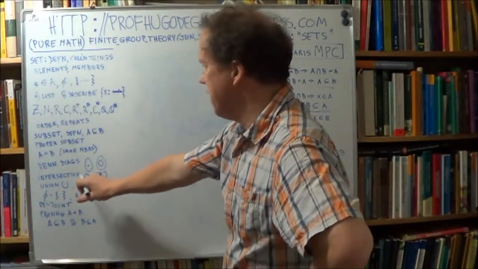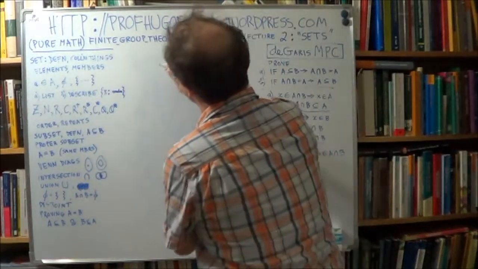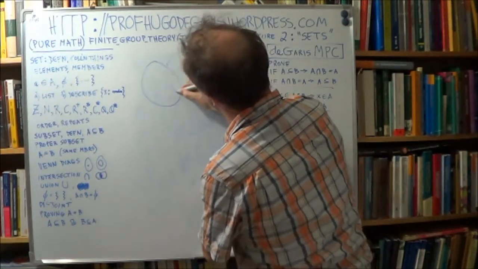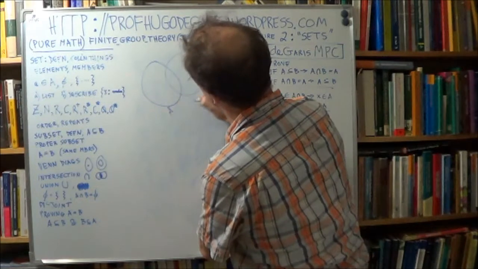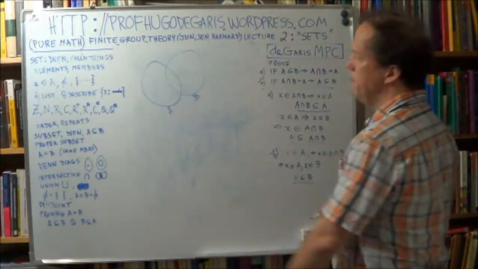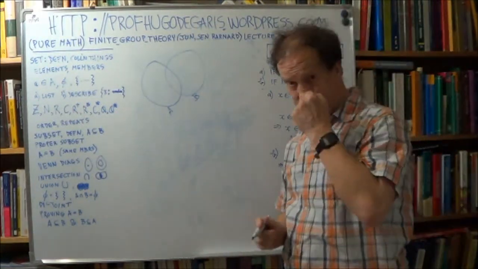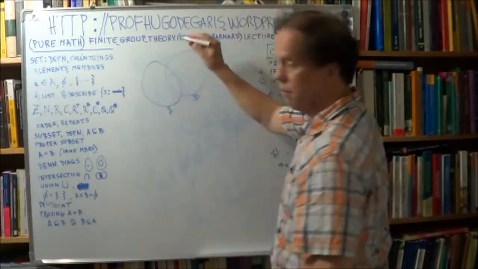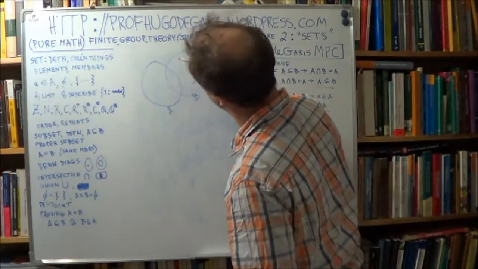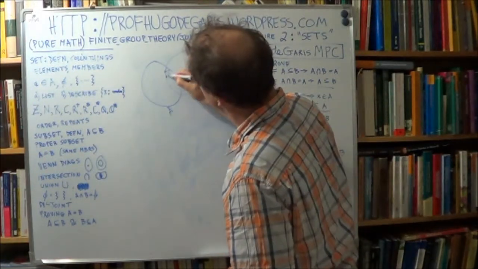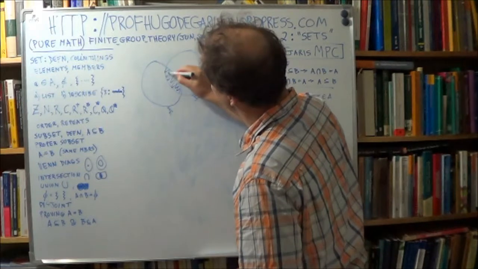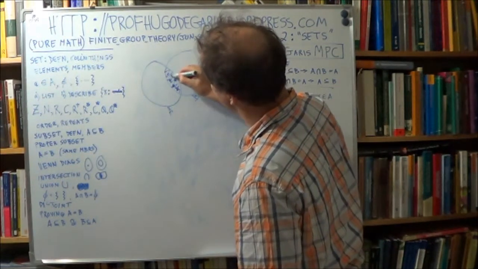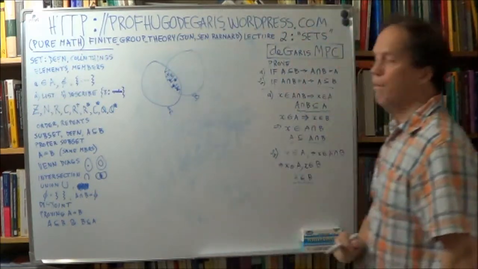So the intersection of two sets. So here's one set. We'll call that set A, and this is set B. By definition, the intersection of these two sets, using two Venn diagrams, two ovals, it's those points here. Those members. Okay?